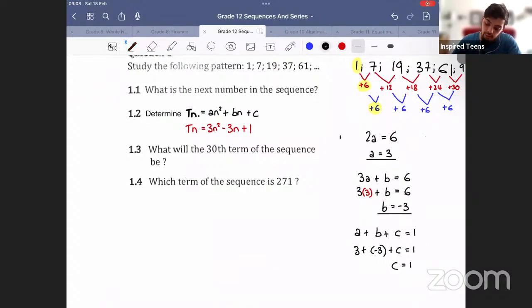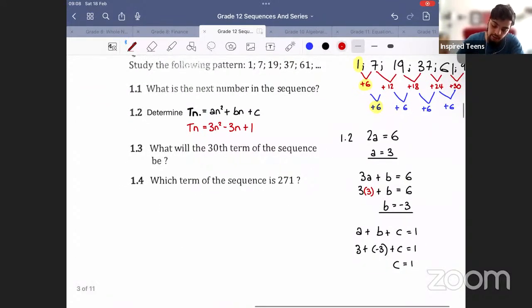So this was 1.2. Now 1.3. What will the 30th term of the sequence be? So the main thing in these types of questions, you need to identify, is n given or is Tn given? In this case, could you please tell me, is n given or is Tn given? Is the value of the term given or is the actual term number given?